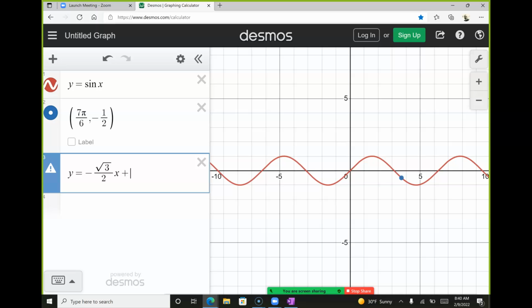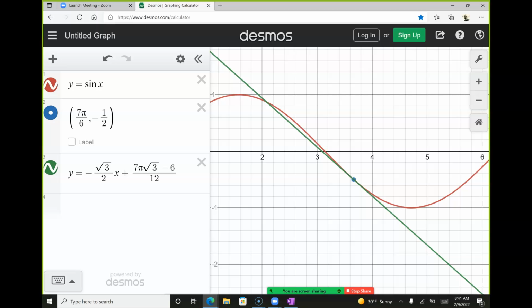And then I had a 7 pi rad 3. Is that right? 7 pi square root of 3. Oops. Square root of 3 minus 6? Yep, all over 12. Boom. Tangent line.